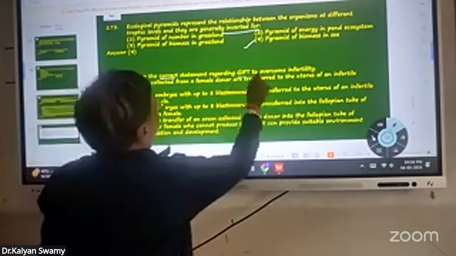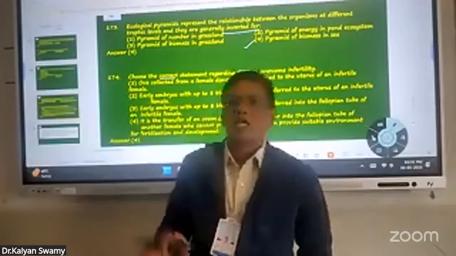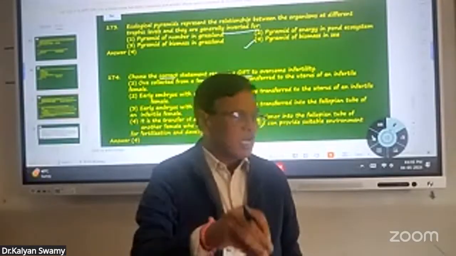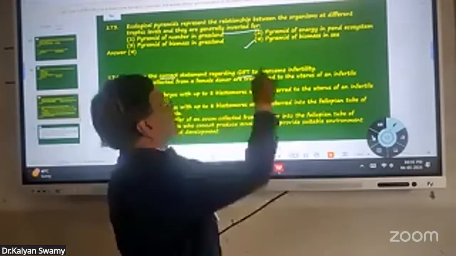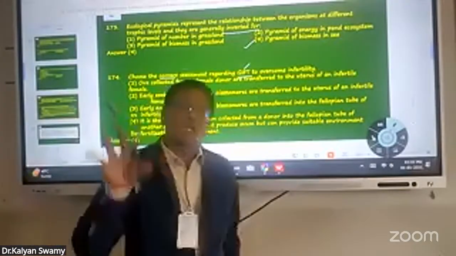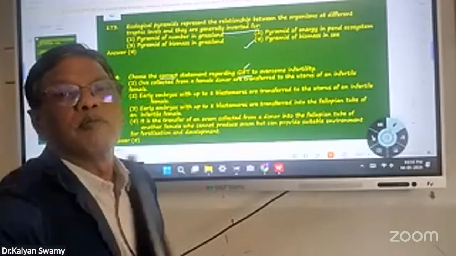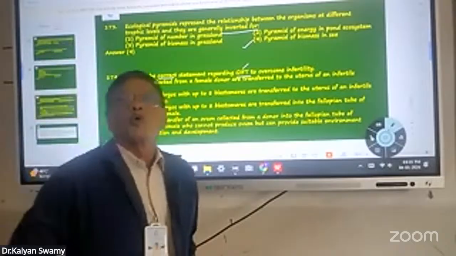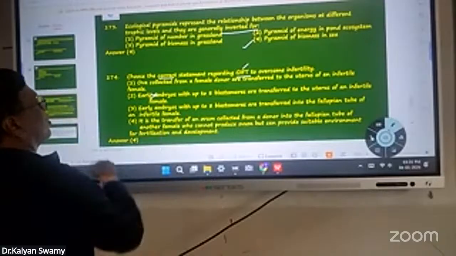With regard to GIFT, what is GIFT? If in a female the ovaries are not functional and fail to produce ova, but the fallopian tubes and uterus are all normal, then the ova collected from a donor are inserted into the fallopian tube. That is intrafallopian transfer. The statement that ova are released here is wrong.